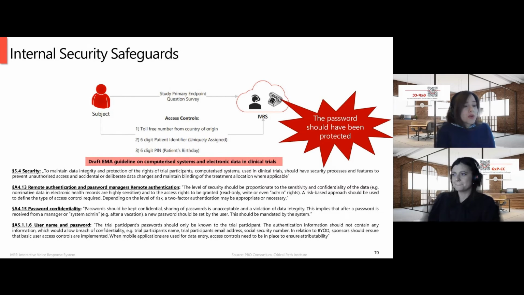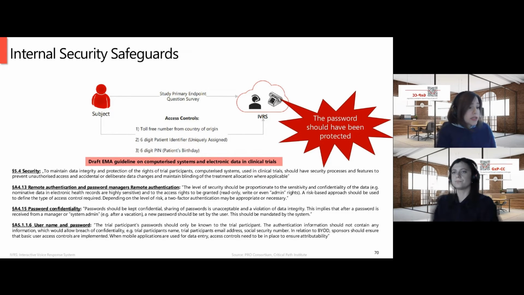When the data is very critical and confidential, there should, of course, be a two-factor authentication concept in place. When it comes to password confidentiality, of course, this should be kept confidential, no sharing, because this is an obvious violation of data integrity. And when passwords are shared, even if accounts are properly set up, the access management concept is not to be trusted anymore.